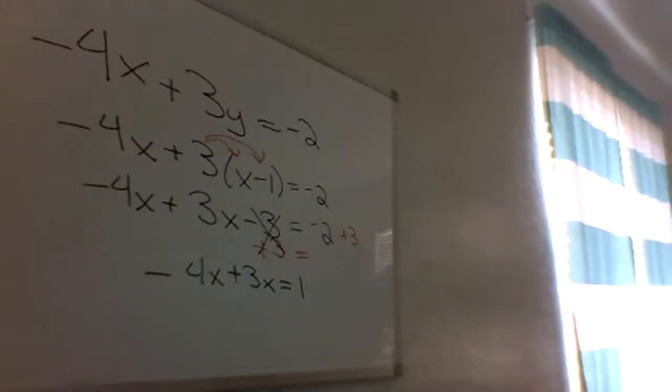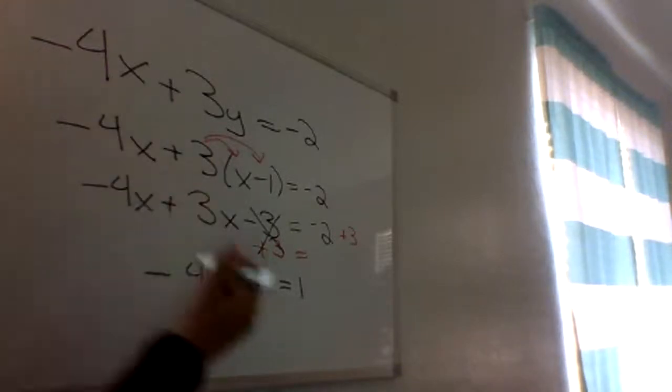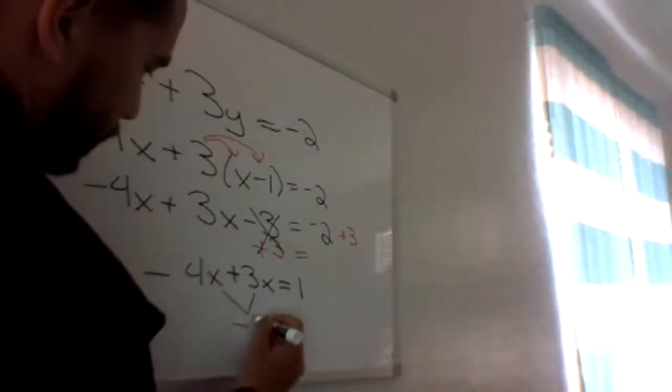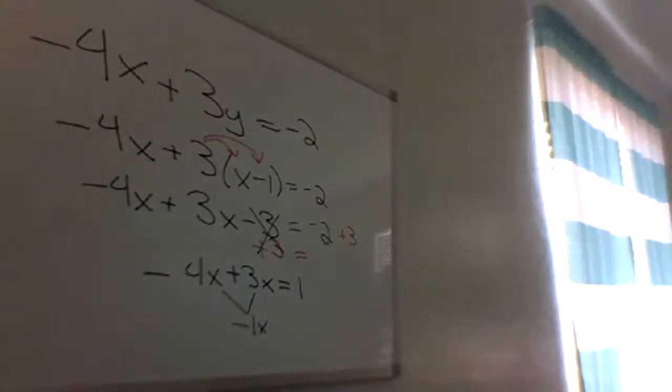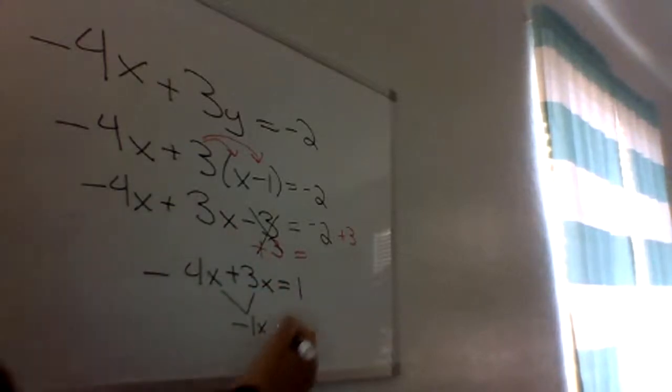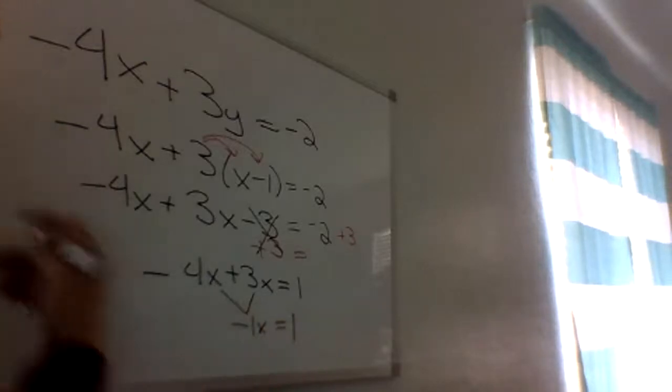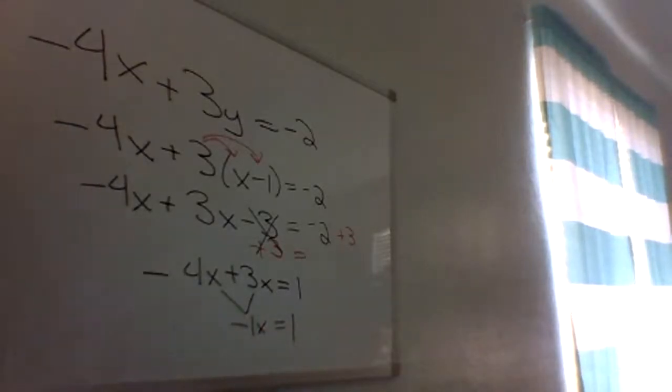Now we're going to solve the x's. So negative 4x plus 3x is going to be negative 1x equals 1. Then I'm going to divide. Yeah, you're going to divide. Equals 1. You were right.